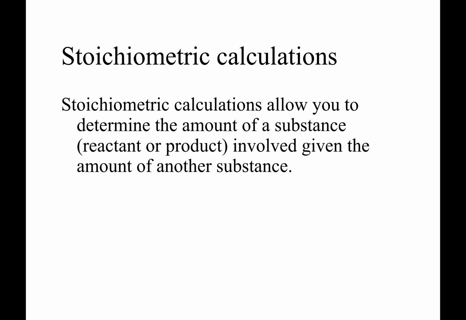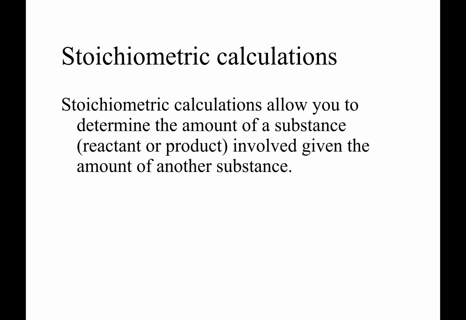So in doing stoichiometric calculations, I think I mentioned a minute ago, it looks kind of like this. If we have 2 reactants going to form 2 products, a stoichiometric calculation, and it's usually grams, is basically, I know grams of this, and I'm trying to get to grams of this.